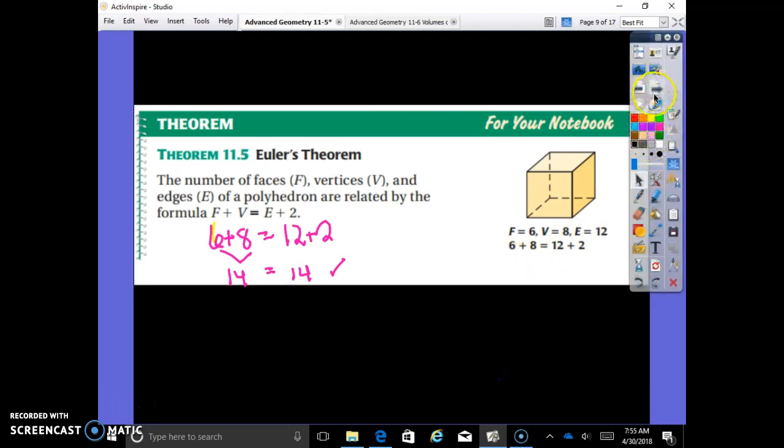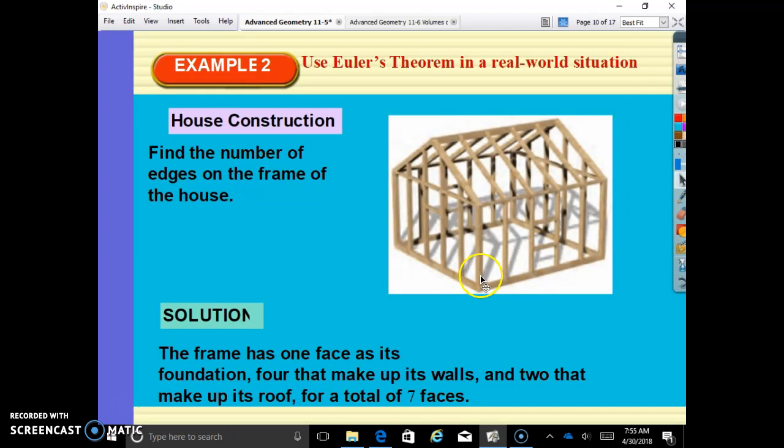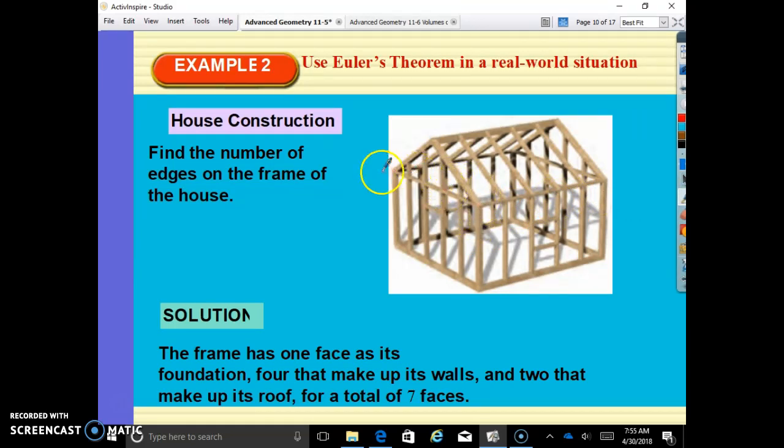See this one. House construction. Find the number of edges on the frame of the house. All right, so how many edges? What's going on here?